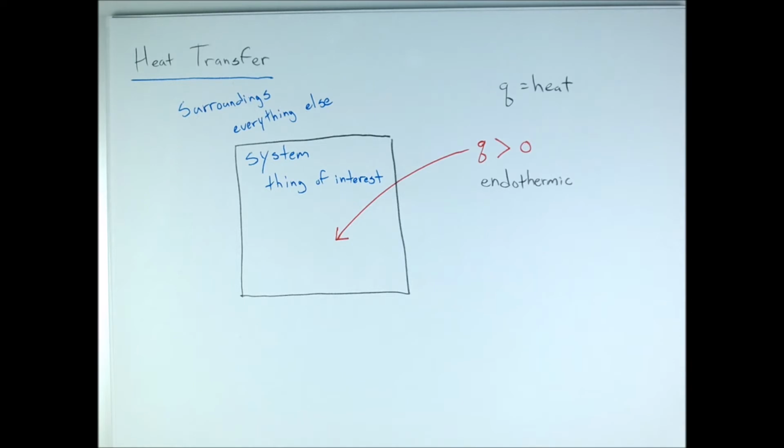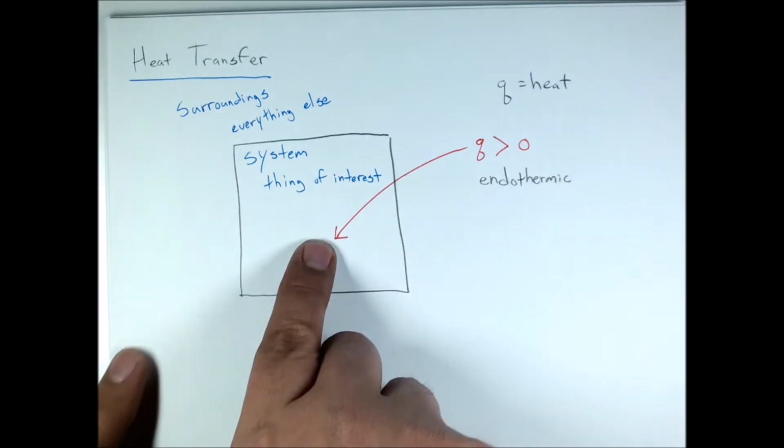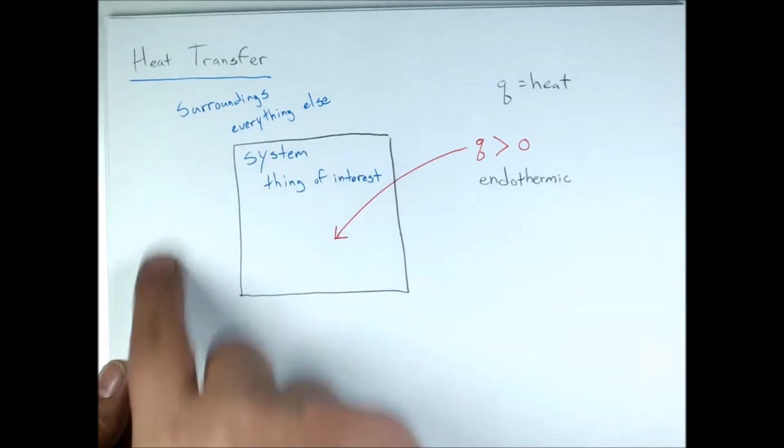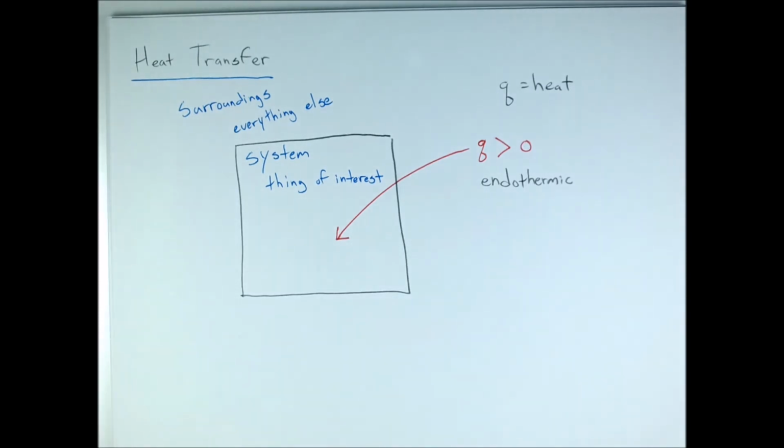So if your hand is acting as a surrounding and the system is taking the heat from it, that means the surroundings are going to get colder and the system is going to increase in heat. But what we actually observe is the opposite because we're part of the surroundings. So it's really confusing here to keep track of the signs. That's why it's really clear that you're defining what your system is. So once again, if you're holding an object in your hand that's undergoing an endothermic process, you're going to feel cold because your hand is the surroundings. Heat's going to be lost from your hand.